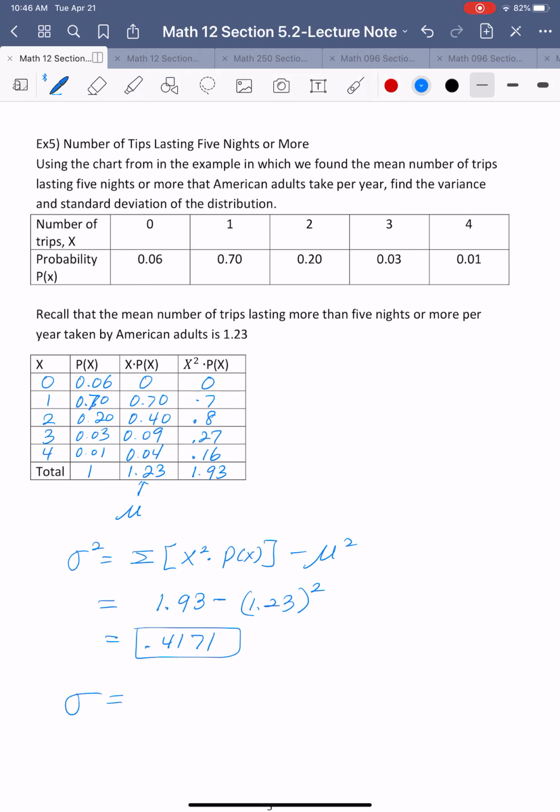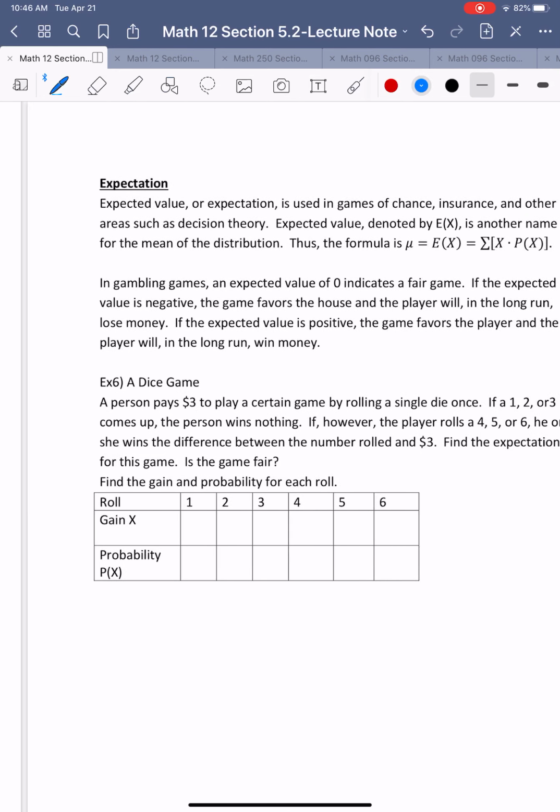And then sigma is the square root of sigma squared, which is the square root of 0.4171. You get 0.6458. All right. Okay, next page.